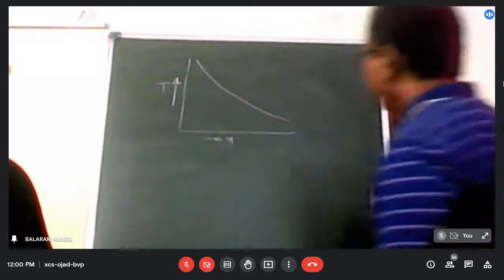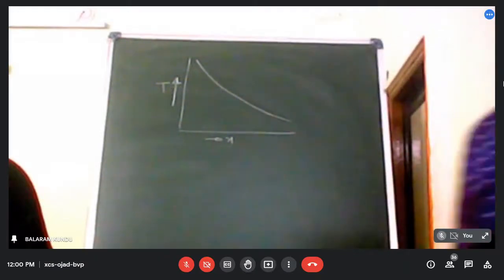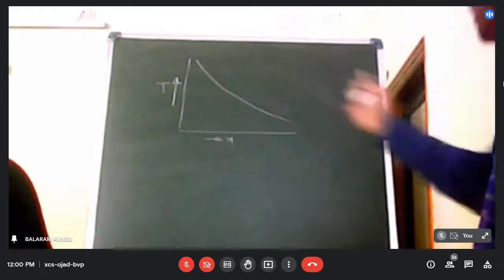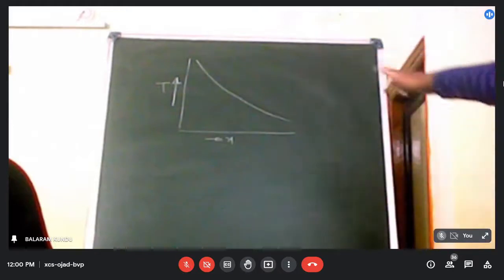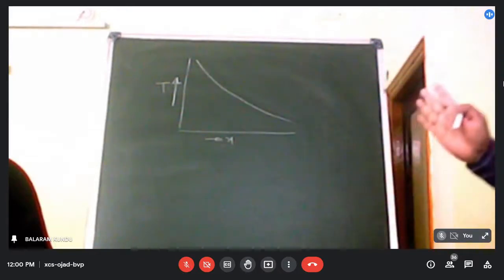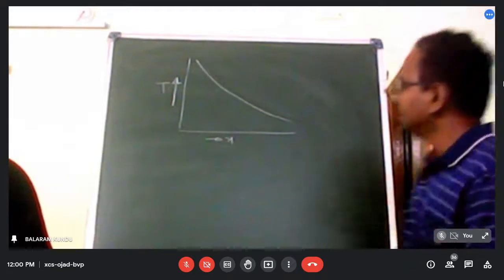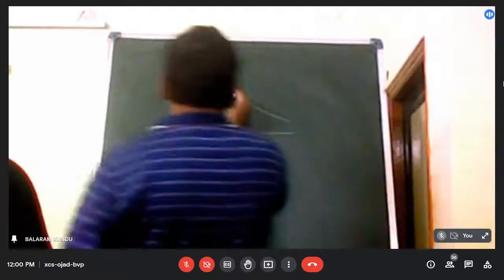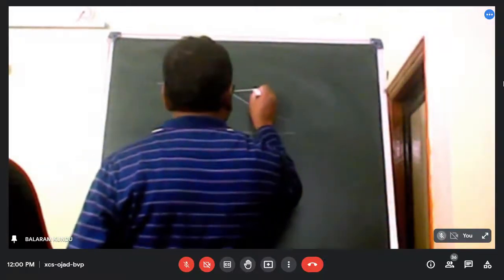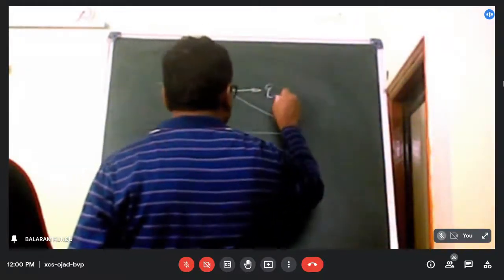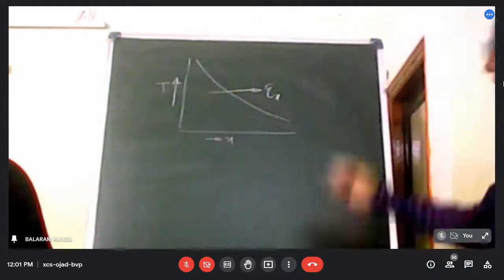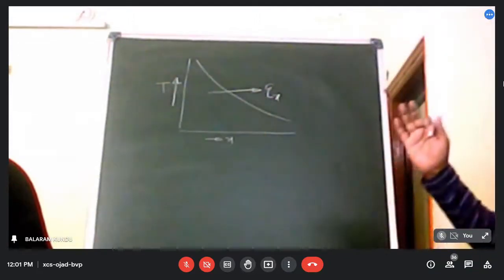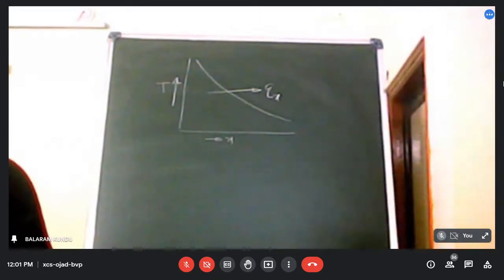So temperature in the x direction decreases, your temperature curve is like this. Then obviously heat transfer takes place from higher temperature to lower temperature. So heat transfer or heat flux direction should be in this direction. So this is your heat flux, say Qx, the heat flux direction, and it is acting in the positive x direction.